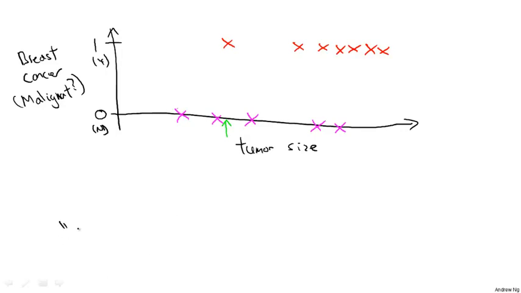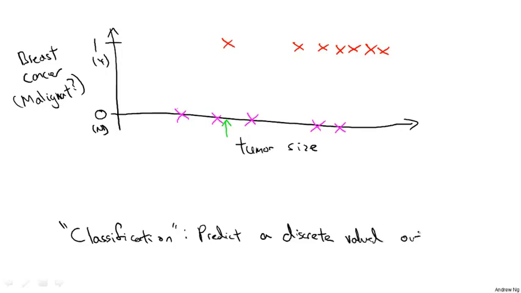And it turns out that this is a classification problem. I want to contrast the term classification with regression. In a classification problem, we want to predict a discrete-valued output. And in this example, the discrete-valued output we want to predict is either 0 or 1.